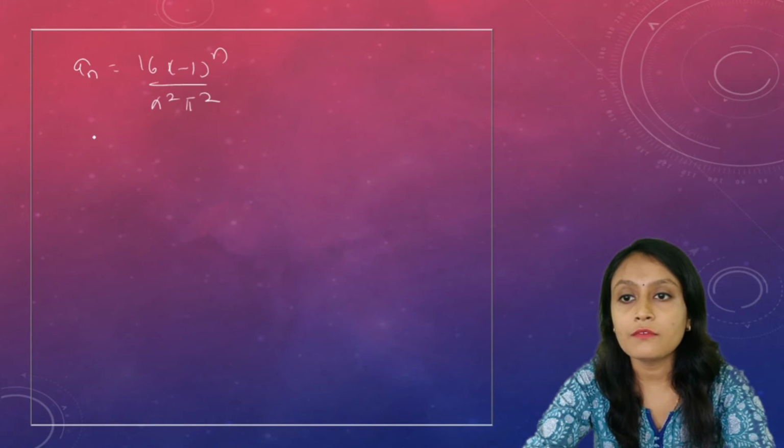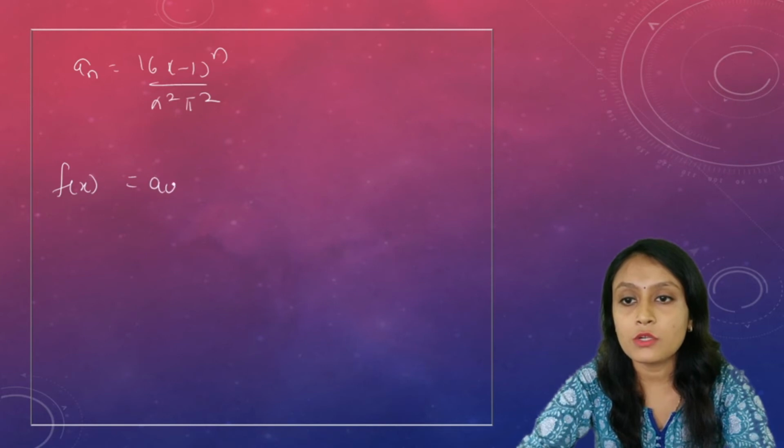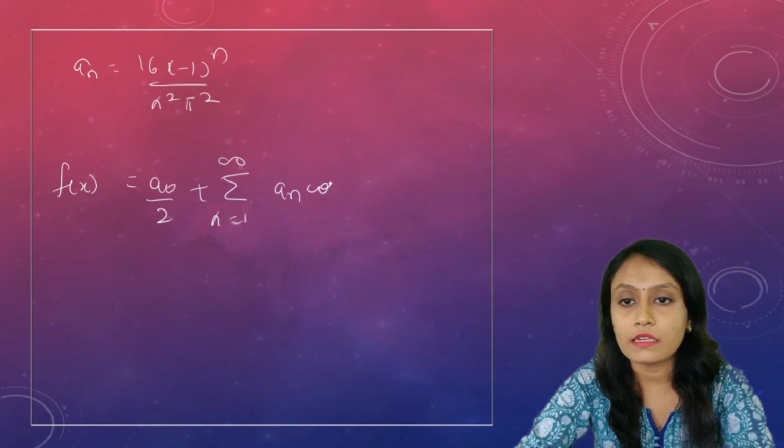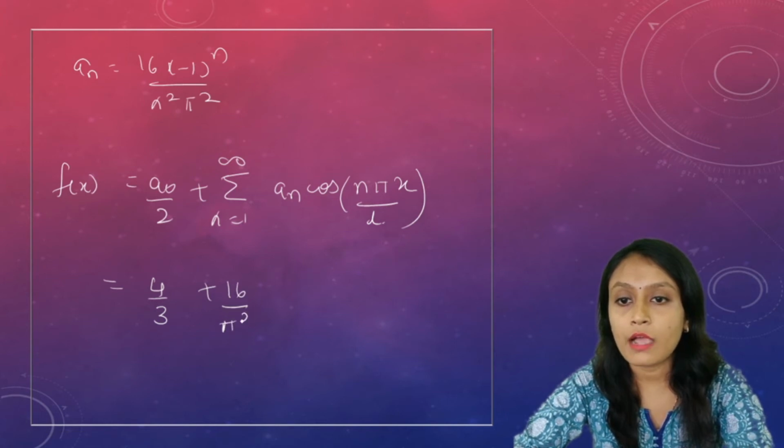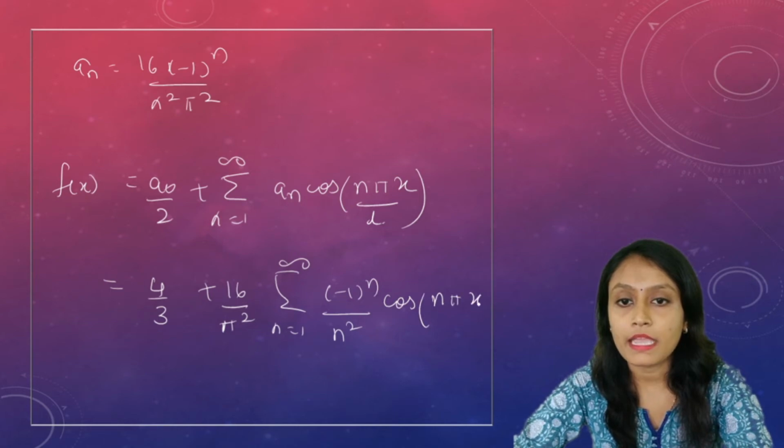Now we have to substitute the value of an and a0 in the f(x) formula. So f(x) is equal to a0 by 2 plus summation n from 1 to infinity an cos(n pi x / l). a0 is 8 by 3, so here we have 4 by 3 plus, take 16 upon pi square out, so here we have summation n from 1 to infinity of minus 1 raised to n upon n square, and cos(n pi x / l) where l is 2.